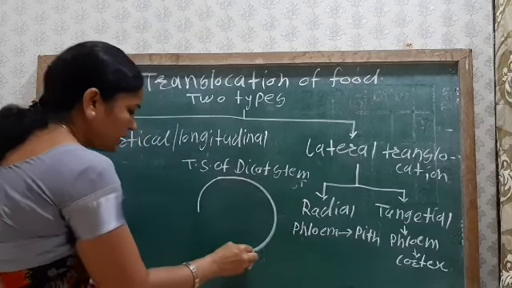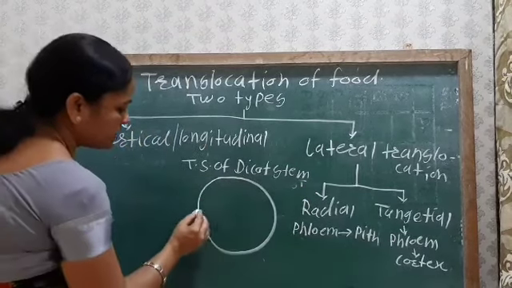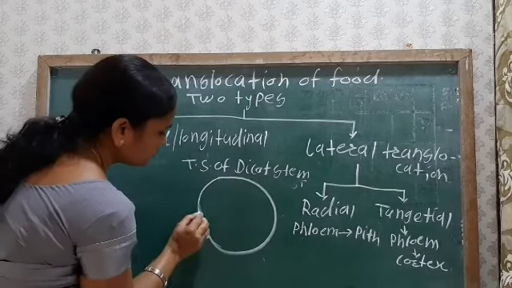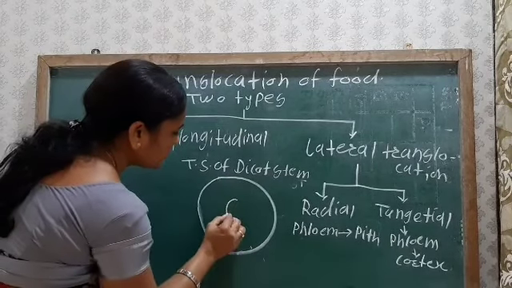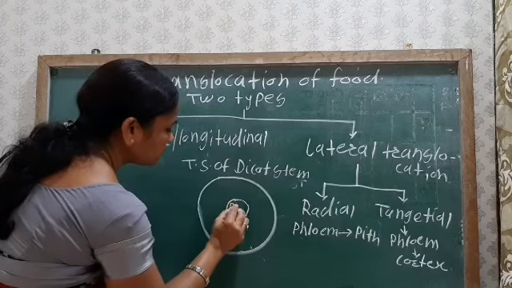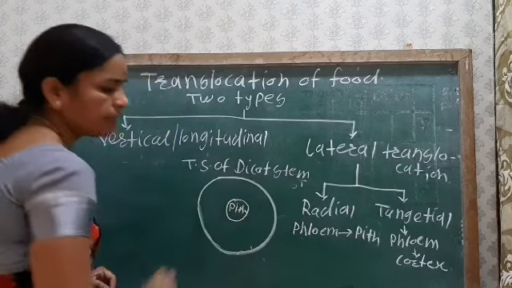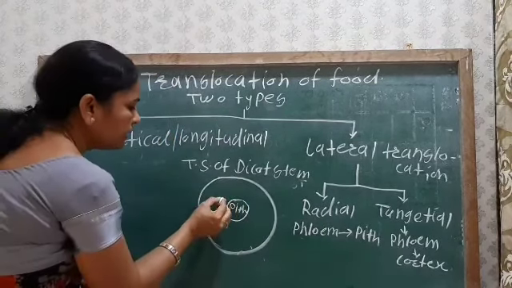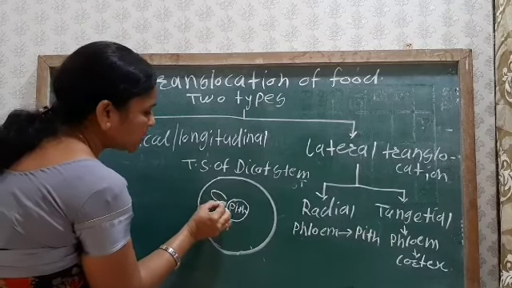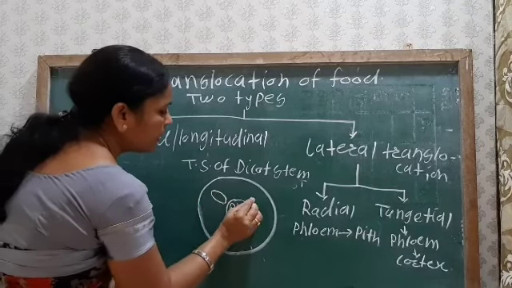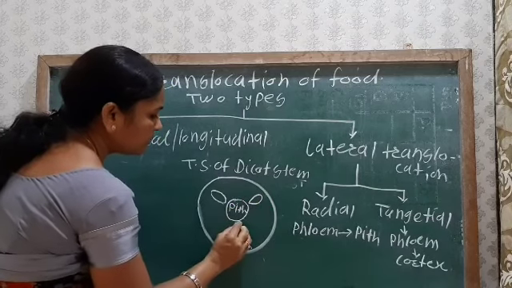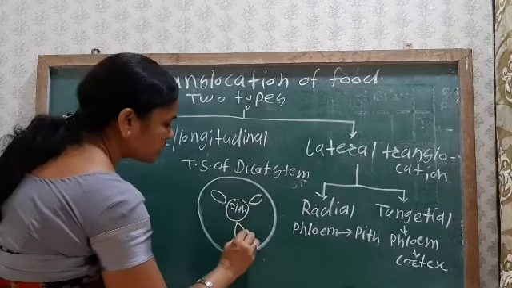See, it is the TS of the dicot stem. At the center there is the pith. Then it is surrounded by the vascular bundle, like this. These are the vascular bundles.